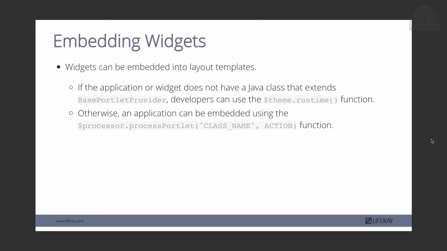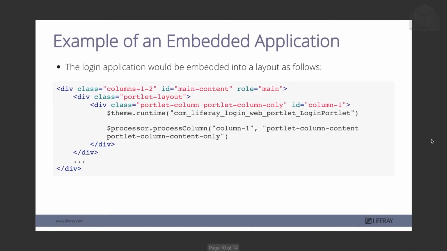Otherwise you can go ahead and use that processor.process portlet, so it's different than the processor.process column. And here we can go ahead and add in the class name as well as the actions. This is similar to some of the other tag libs that we discussed in the previous section, okay? And these can be added to any of those columns and embedded in those particular columns, okay?